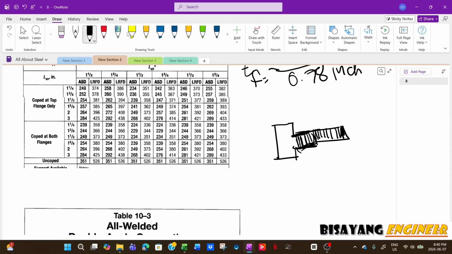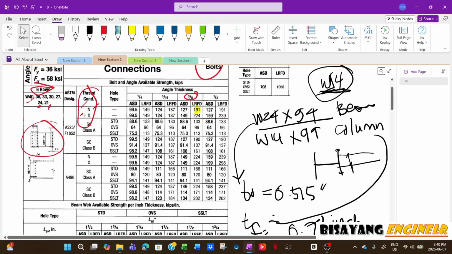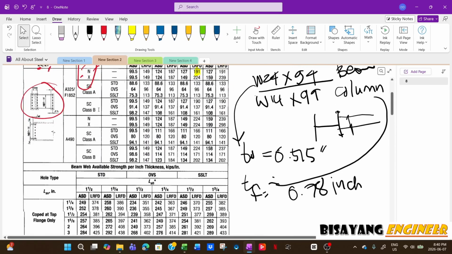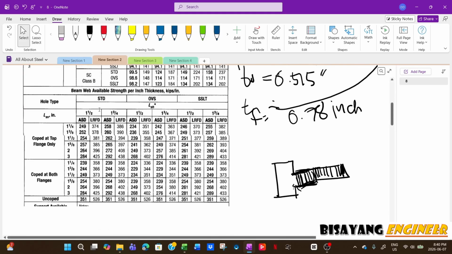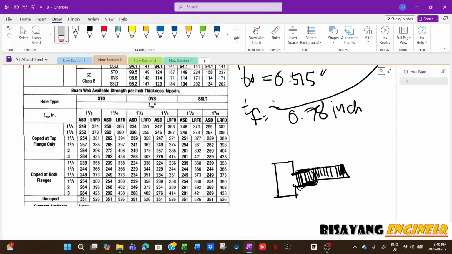Now what the N means, the thread is included in the shear plane, that means, for example right here, that's your bolt with threads right here only, so that means your shear plane is right here.